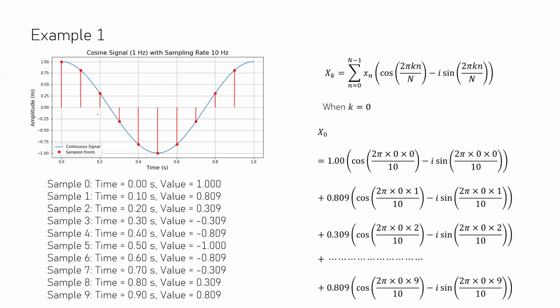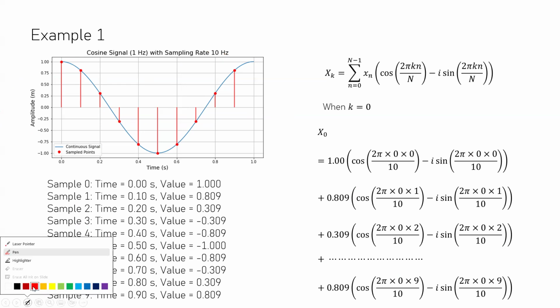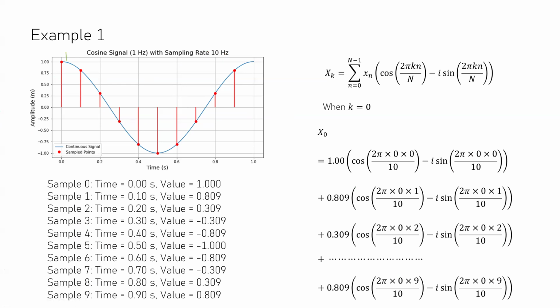So we are indexing them as k is equal to 0, 1, 2, 3, 4, 5, 6, up to 9. So we have 10 samples on this signal.